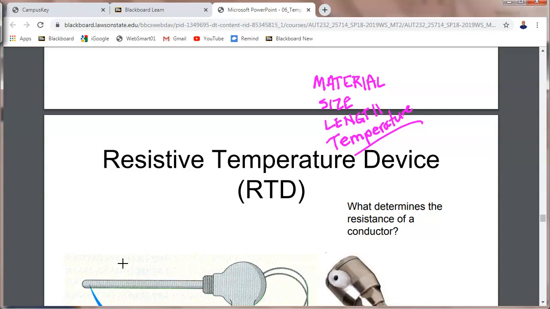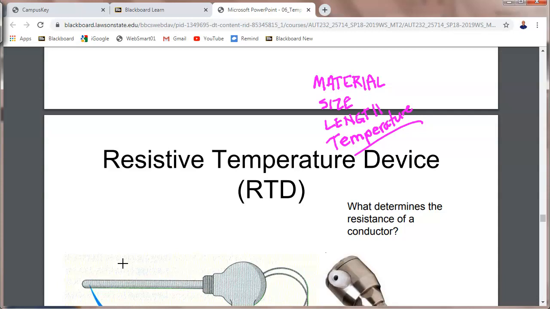NEC, National Electrical Code, rates a 14 gauge wire at 15 amps. Why do they rate it at 30 amps? Well, uninsulated 14 gauge wire at 25 degrees Celsius is rated at 30 amps.